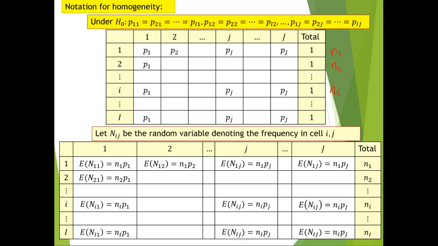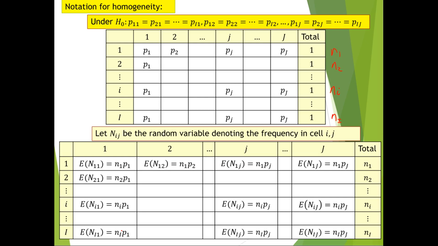That's Ni times P1. And in the jth column, it will be Ni times Pj, and so on. And similarly for the last row. Here we have Ni as our sample total, and our expected frequency then in the first category of the last population is then that total times the probability of an observation in that column.